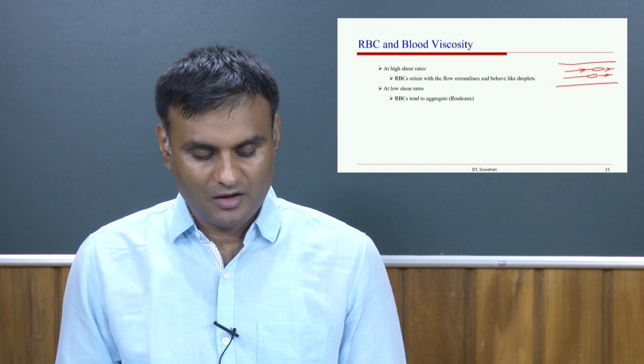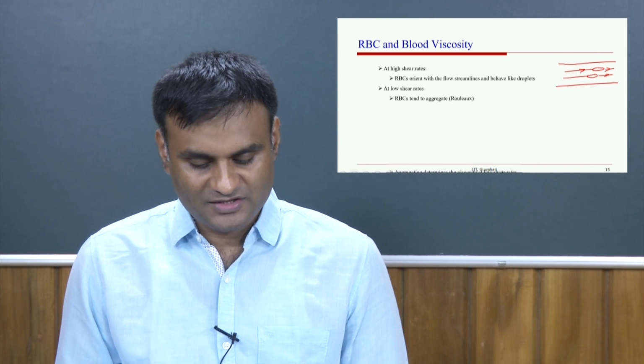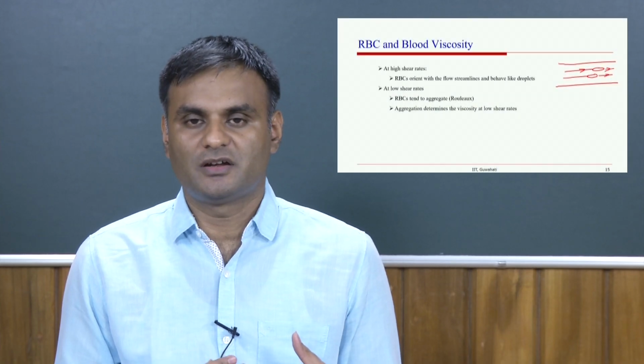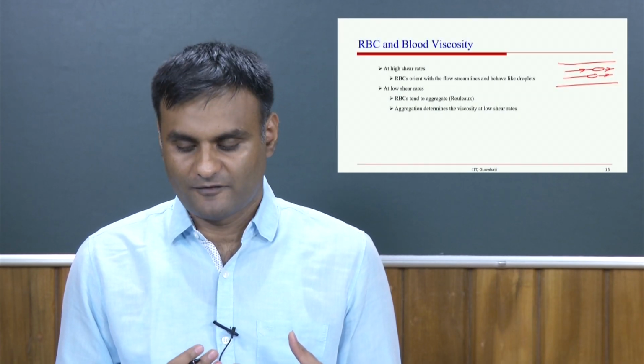That value is known as the yield stress. And after the network is broken, the RBCs start to orient themselves with the flow.